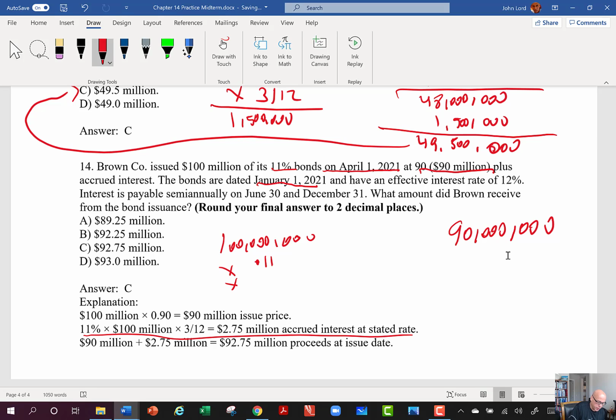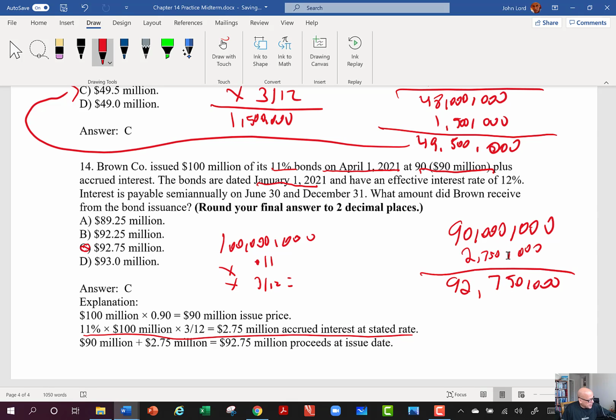The calculations right here. Times 3/12 going to give me now 2,750,000. So other than there's just a few new numbers in this question, that's why I was saying you could do it on your own. 92,750,000. So I'm not sure that I'm adding much to the discussion here because they showed you the calculation there.